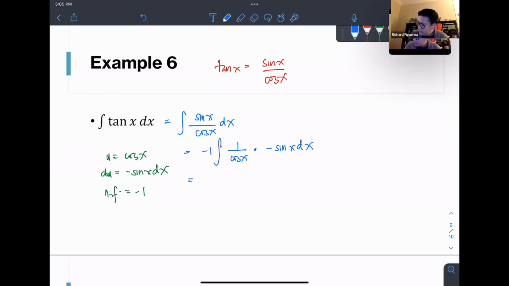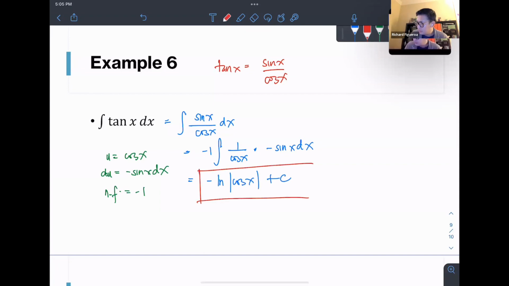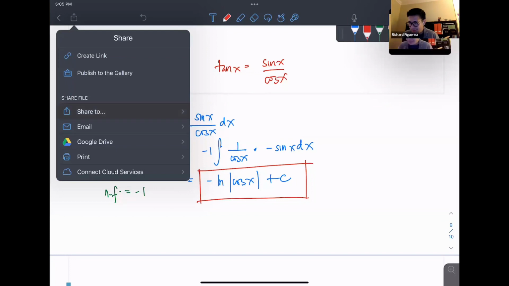So therefore, we'll just have a negative ln of u, which is cosine x. So that's why we have the integral of tangent x to be the negative ln of cosine x plus c.